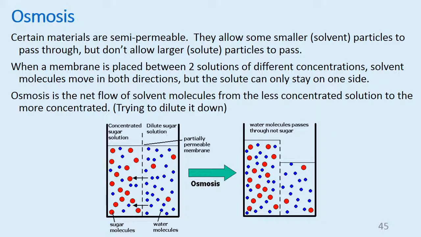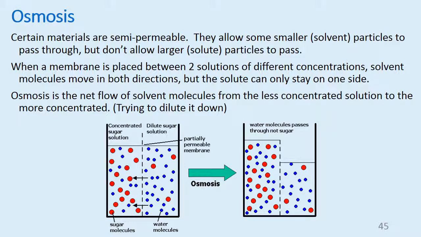So if you put a membrane between two different solutions that are different concentrations, the molecules of the solvent can move both ways. They can pass through the membrane. However, the sugar cannot. So what generally happens if you've got solutions of different concentrations is that the more dilute solution will start to, water will start to move into the more concentrated solution in order to dilute it down so that they can be more similar to each other.